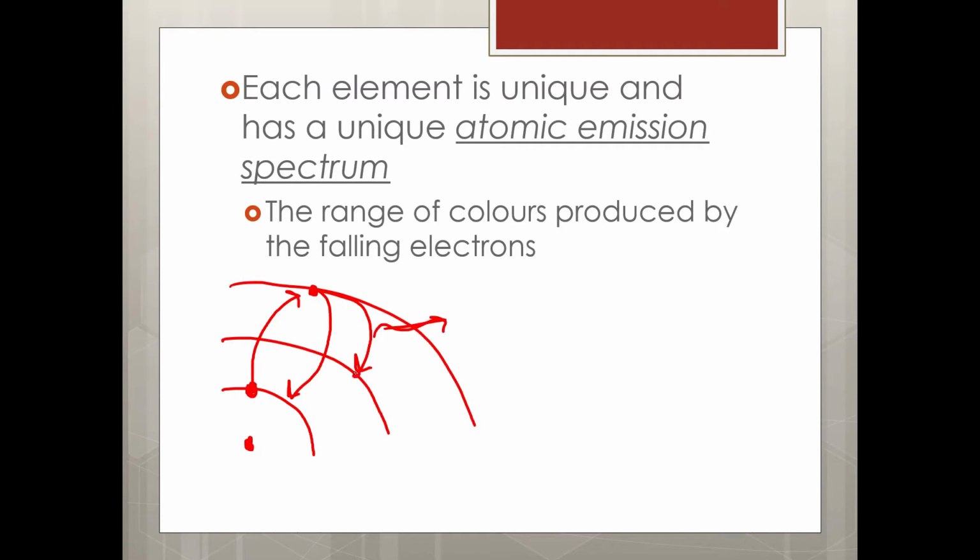Now, the neat thing is if it falls to this level, it can actually fall down again and release another EM wave with a third energy. So this one here will release some energy, this fall here will release another amount, and this fall here will release a third amount. So this particular electron could release up to 3 different colors of light.